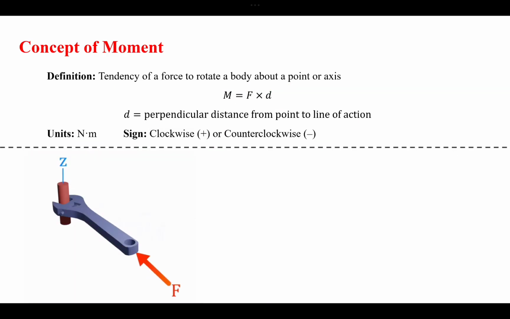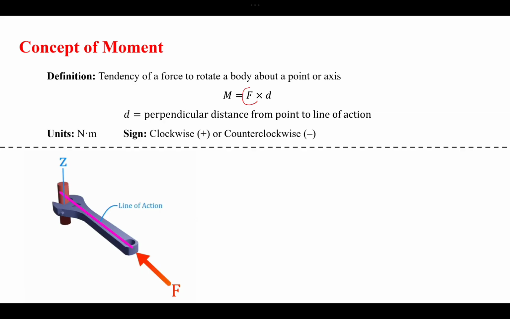Okay, let's look at an example where we have a force applied, and we can see that the line of action passes through the point of rotation, or at least through the axis of rotation. In this case, if you think about it, there will be no rotation, because the line of action is passing through the axis of rotation and there is no perpendicular distance.